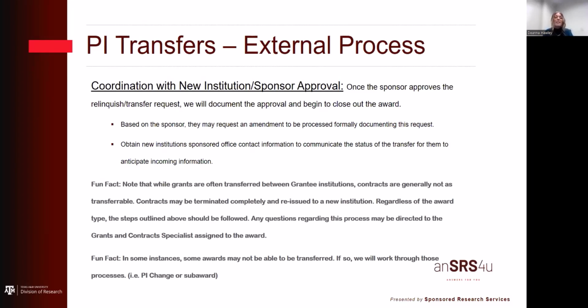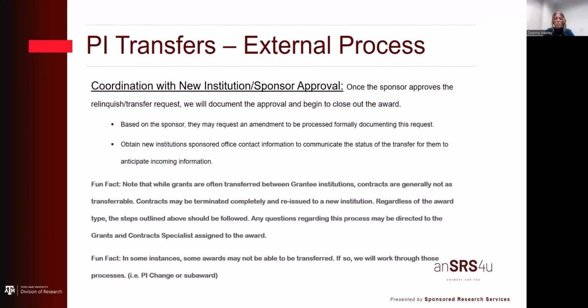We will obtain the new institution's sponsored office contact information to communicate the status of the transfer and let them know other integral pieces of information that are going to be useful for them to know when they receive that incoming award.